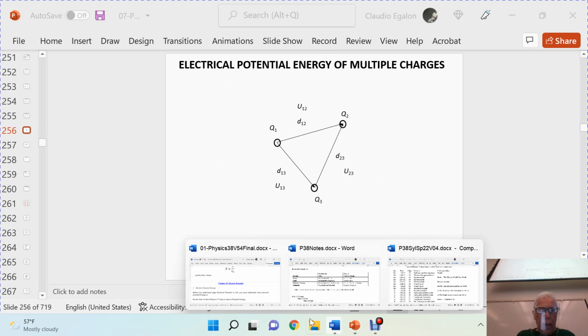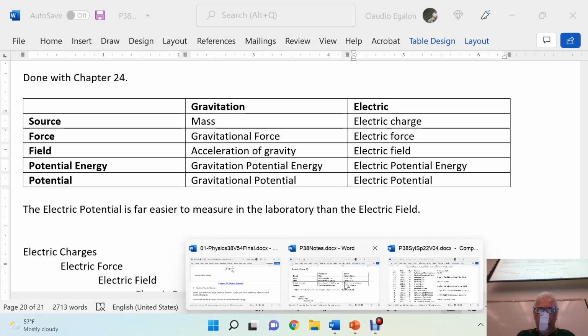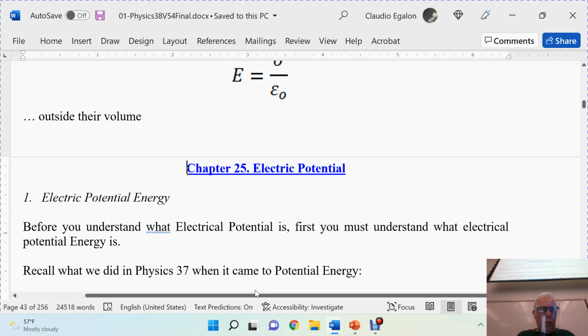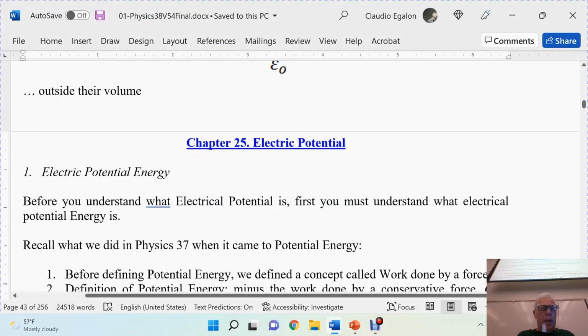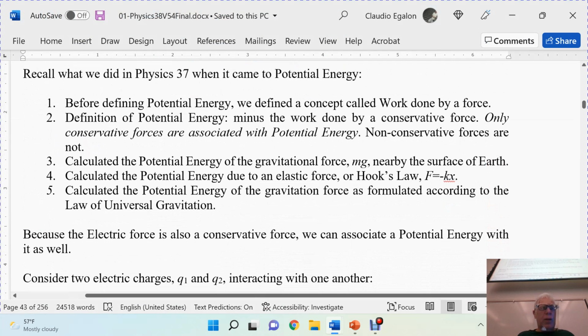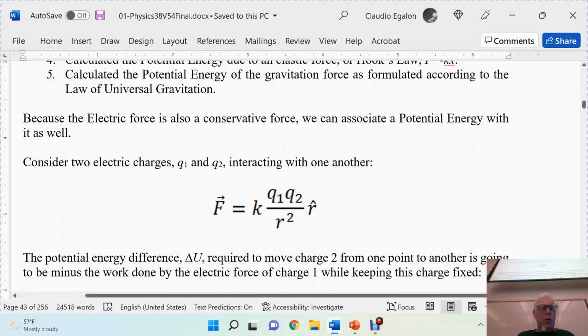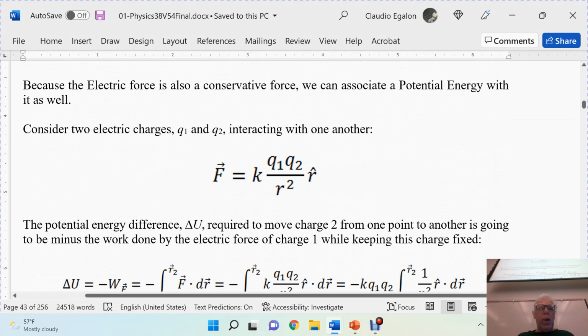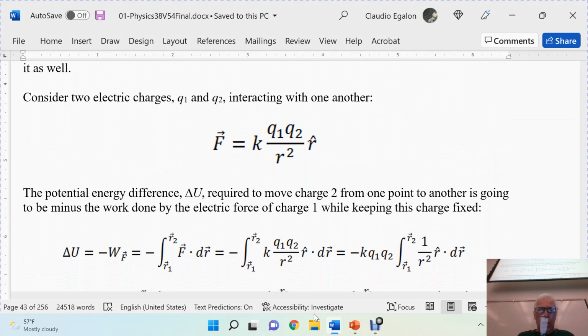So now, how does it translate mathematically? Start with electric potential energy. Remember, the idea of potential energy, whether gravitational or electric, comes from the idea of work.